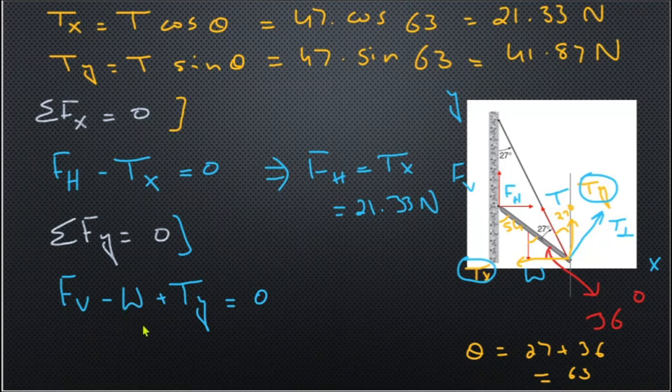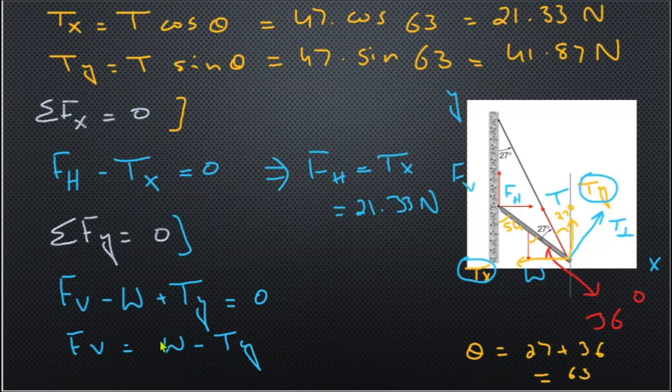Now, from that equation, we have to find out the value of this Fv. So, Fv would be equal to W minus Ty.